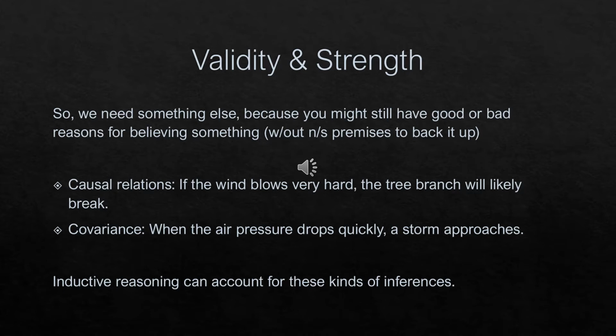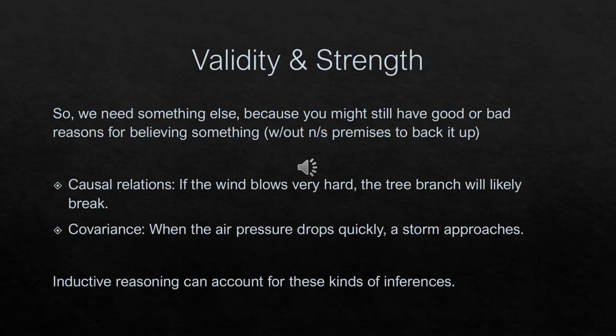So in order to capture this other kind of argumentation, we need something beyond mere deductive reasoning abilities and valid arguments to capture what it is to have a good or bad reason or good or bad argument for believing some particular thing without having premises that are necessary or sufficient to back up your conclusion, right?